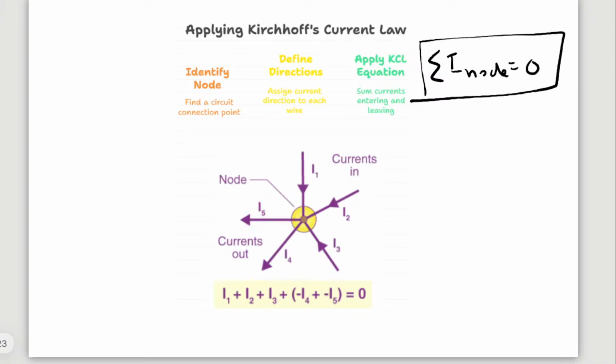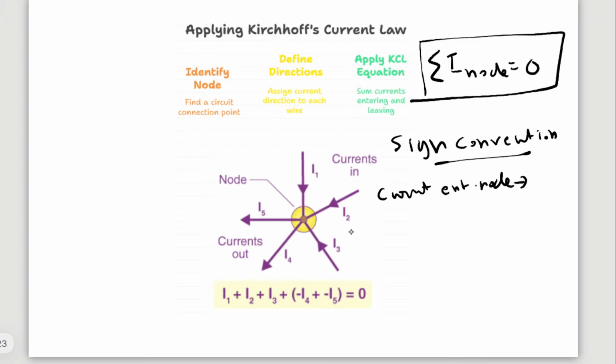So the current convention can be the sign convention. Here also the first step is sign convention. So in case of Kirchhoff current law, current entering node, similarly current leaving the node.